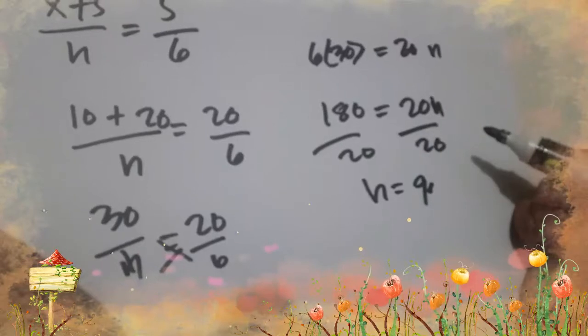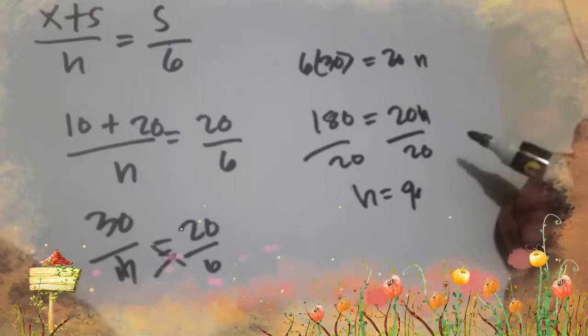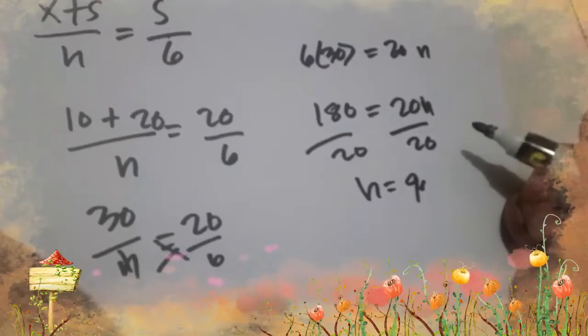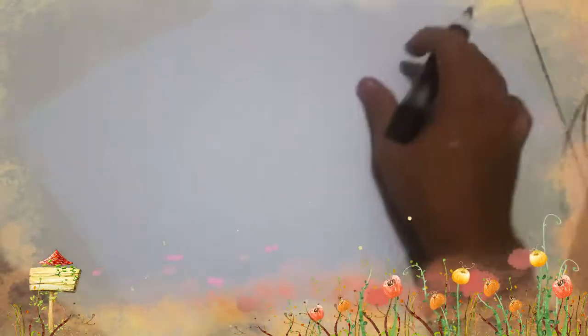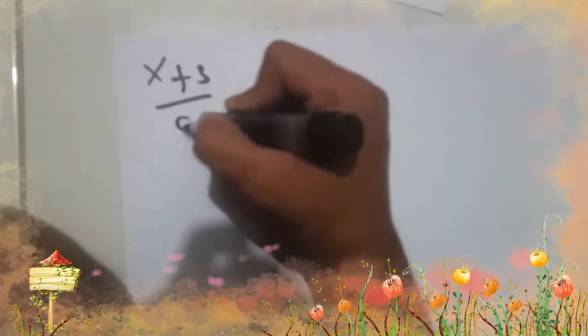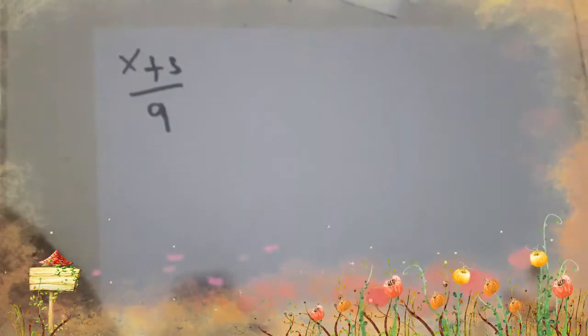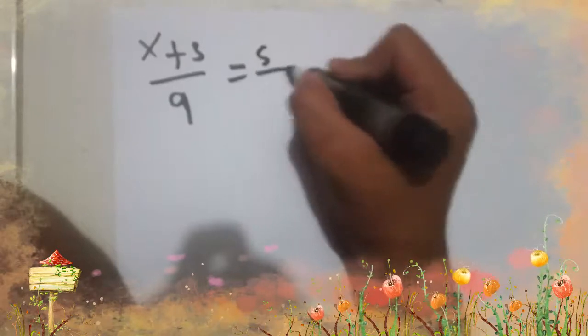So after getting h, now we need to rewrite our original ratio equation with the constant height solved for. So x plus s all over 9 is equated to s over 6.